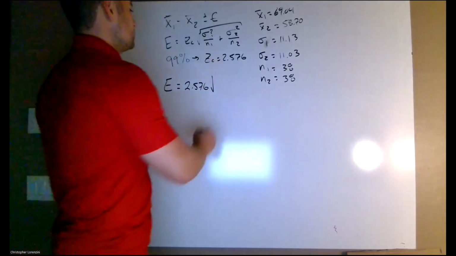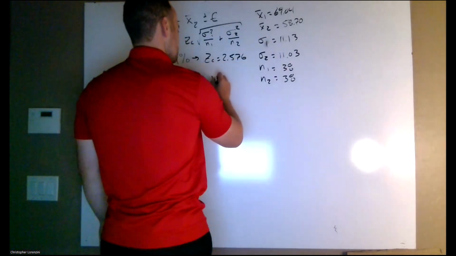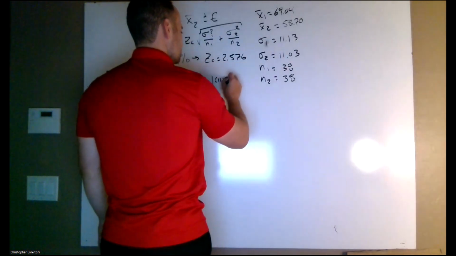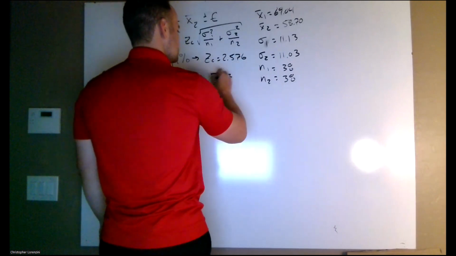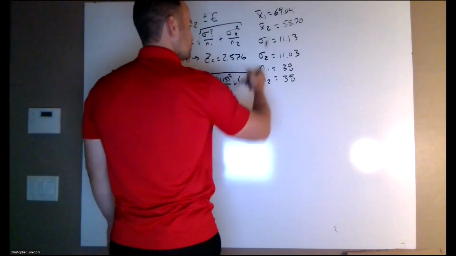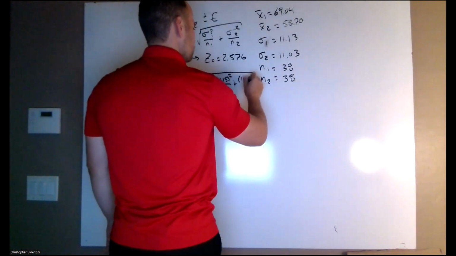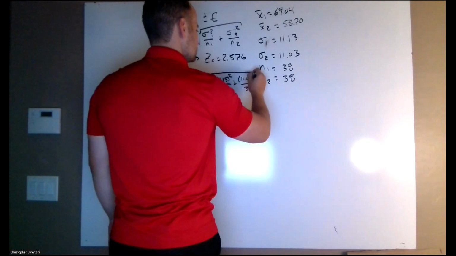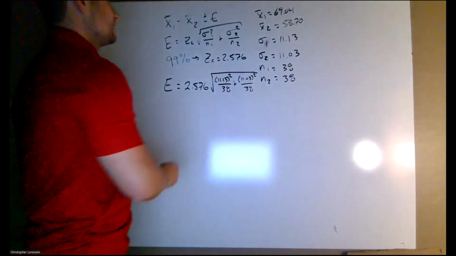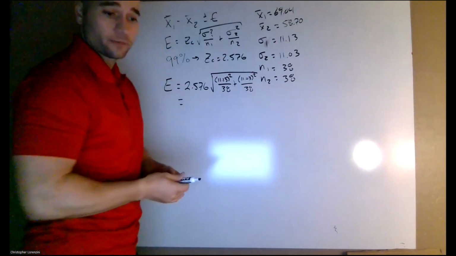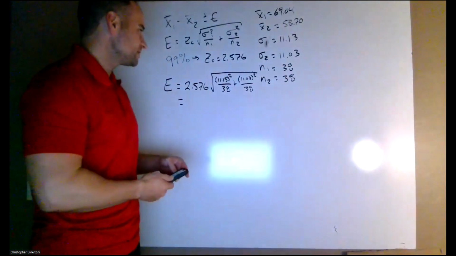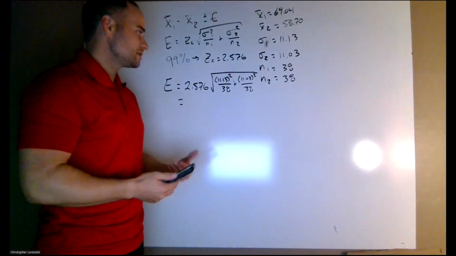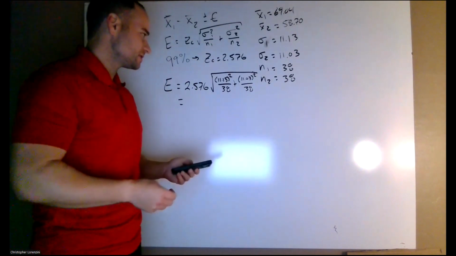Z critical multiplied by the square root of sigma 1 squared, 11.13 squared over n1, 38, plus sigma 2 squared, 11.03 squared over 38. And that's going to give me my margin of error. Now we have to plug this into our calculator, and we just need to be extra careful when we do, because we have a lot of stuff going on when it comes to these things.